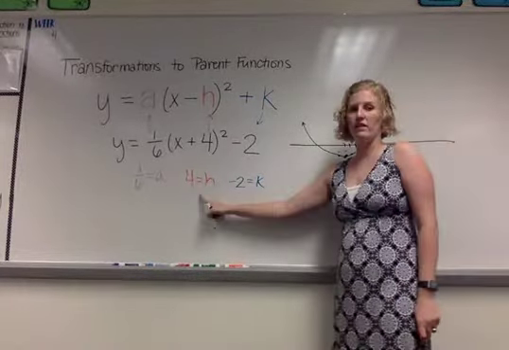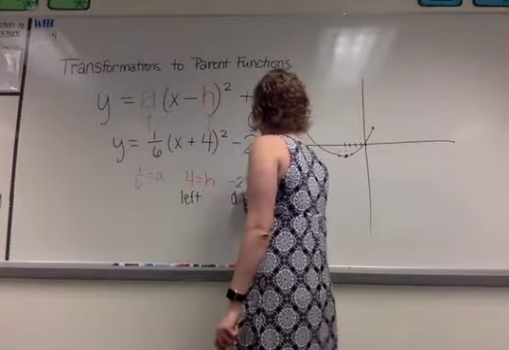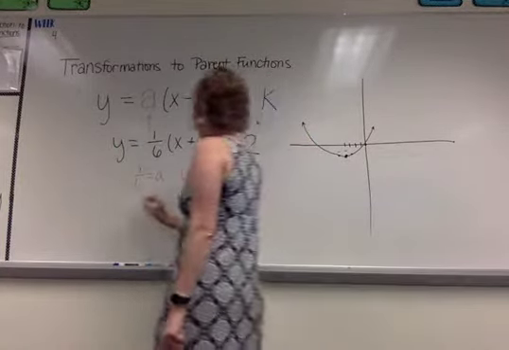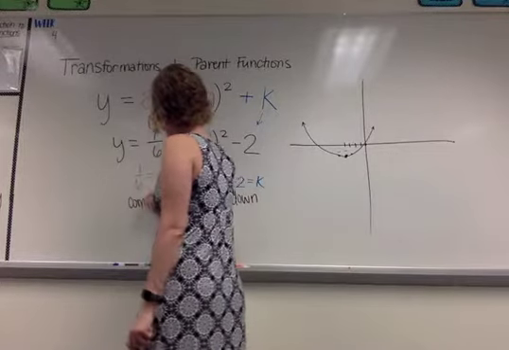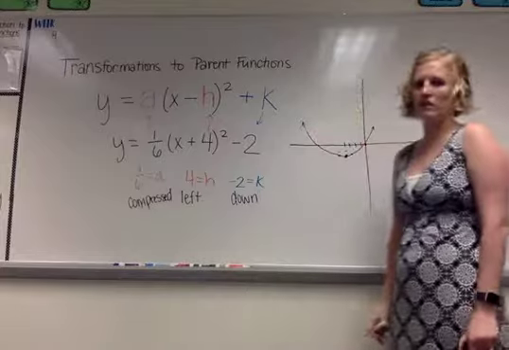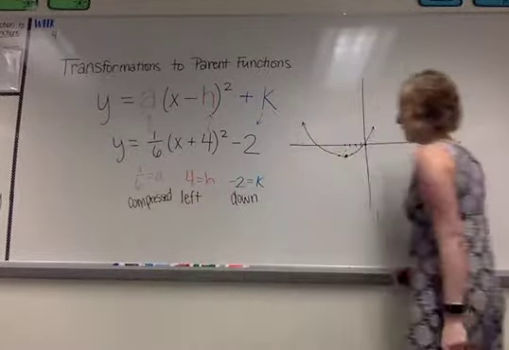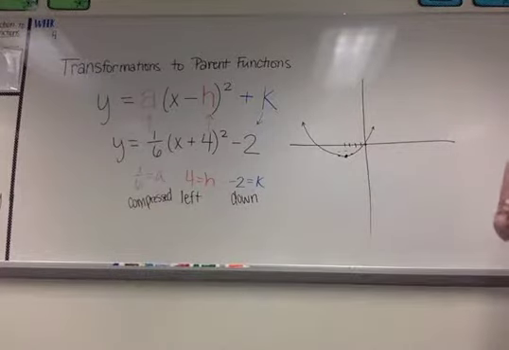So I moved it left 4, down 2, and compressed by a factor of 6. So left 4, down 2, compressed by a factor of 1/6. And that's what this graph looks like.